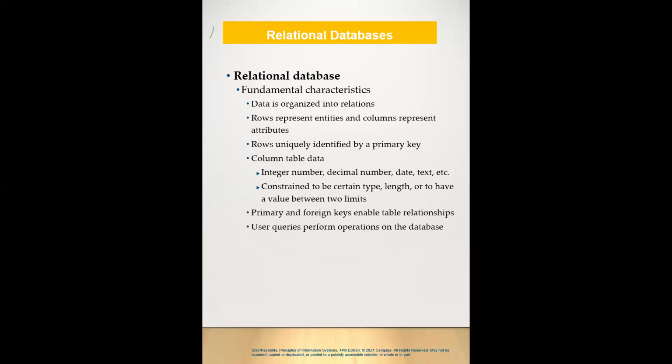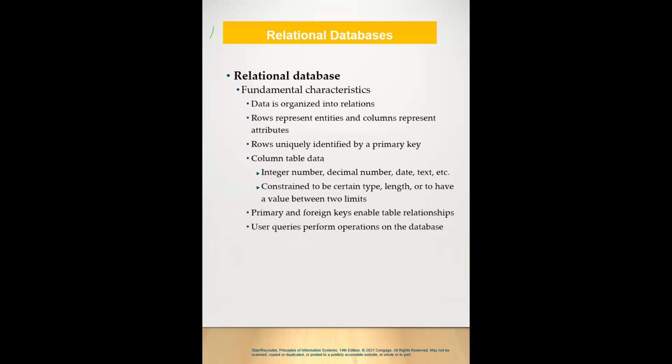So the fundamental characteristics of a relational database. Data are basically organized into what? Relations. That's what I'm saying. There's a relationship between the father, the mother, and then the children. In a home, there's always a relationship between them.